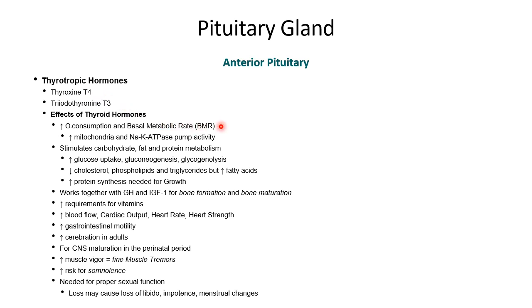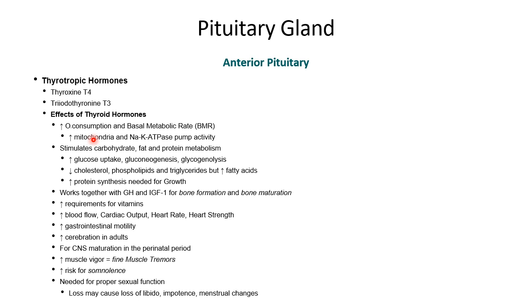So what are the effects of thyroid hormones? Number one, it increases oxygen consumption and basal metabolic rate. So it increases the rate of metabolism. How does it increase the rate of metabolism? It causes an increase in the number of mitochondria, which are the organelles that subserve the function of ATP production.